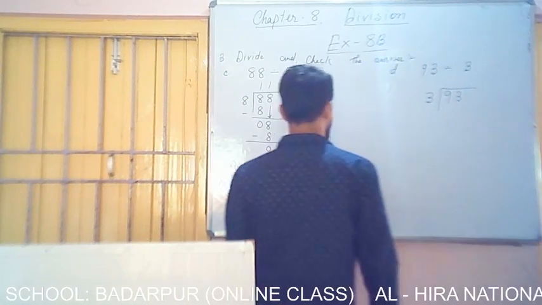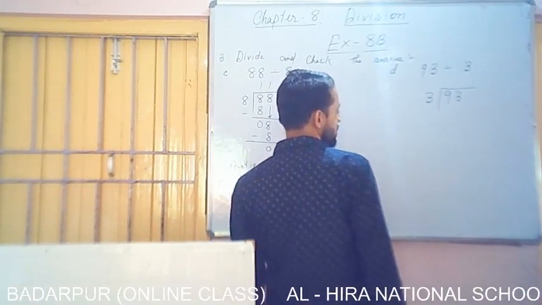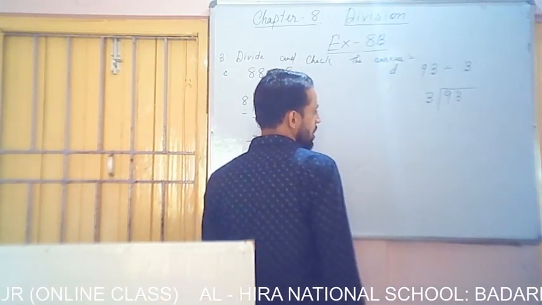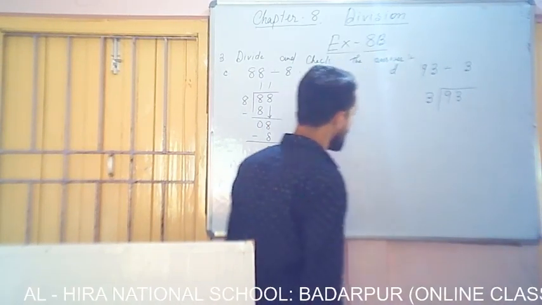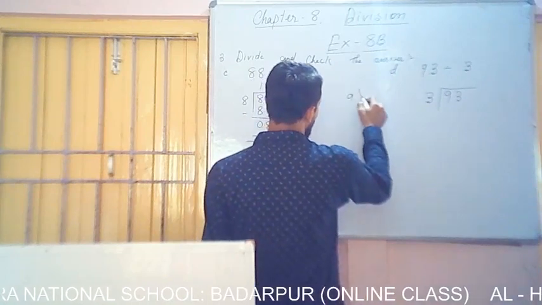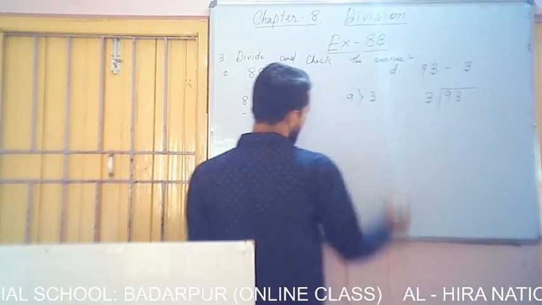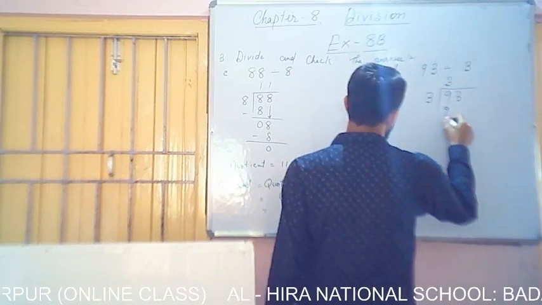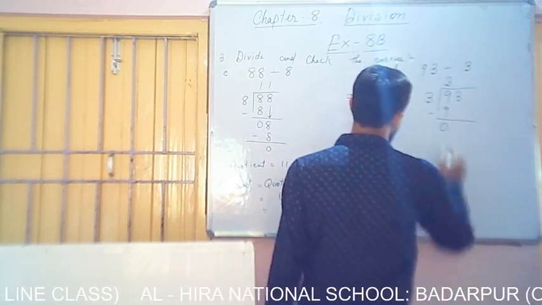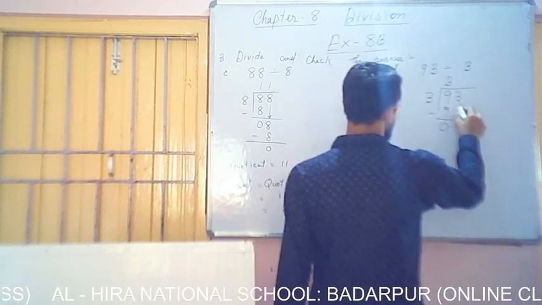Now we have to check whether the tens place and the ones place are greater than the divisor or not. Here we can see 9 is greater than 3. That means we can divide. So 3 threes are 9. 9 minus 9 equals 0. You bring down 3 ones.